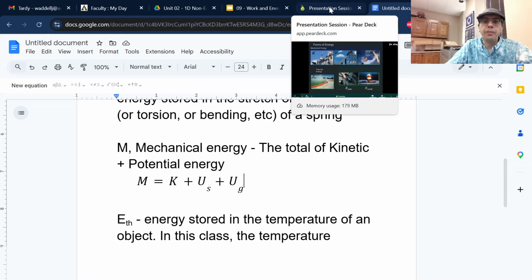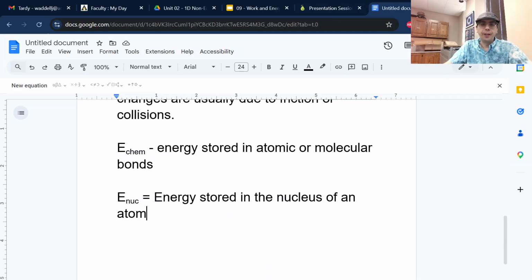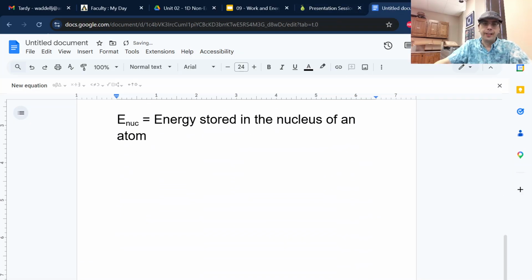Okay, so actually, I guess before I go to the next slide, I'll go ahead and define the next couple of things. So we talked about how energy can enter or leave your system, and that would change the total amount of energy in your system.